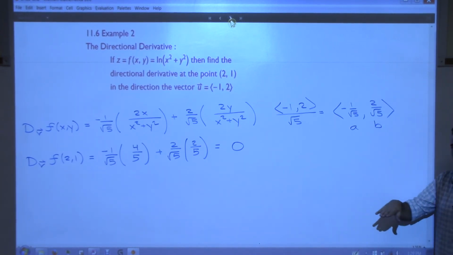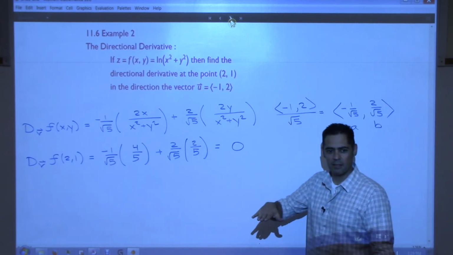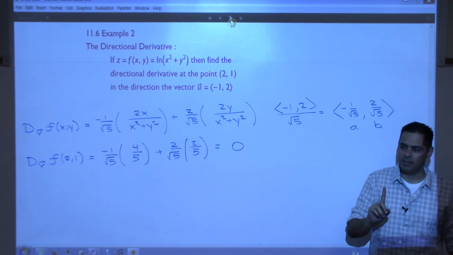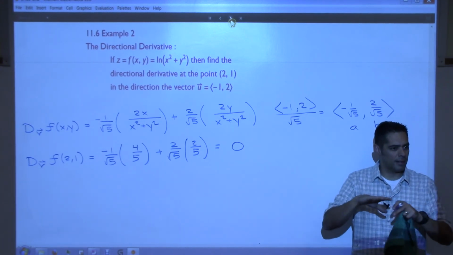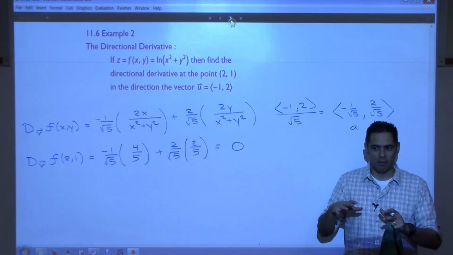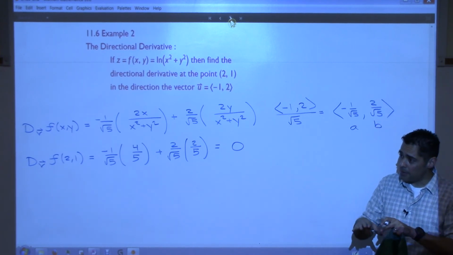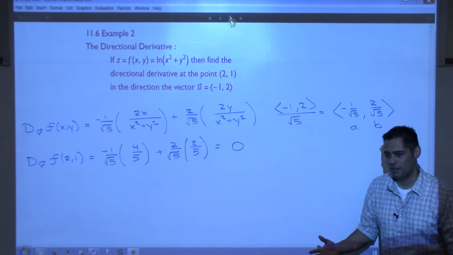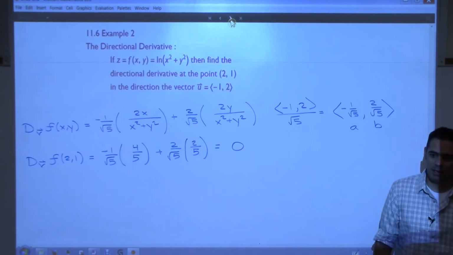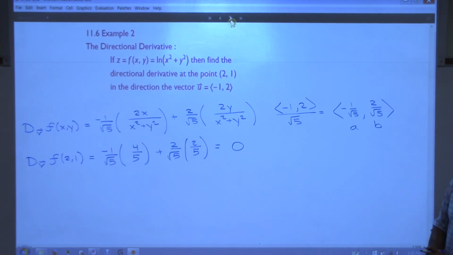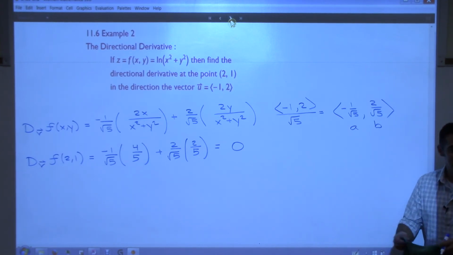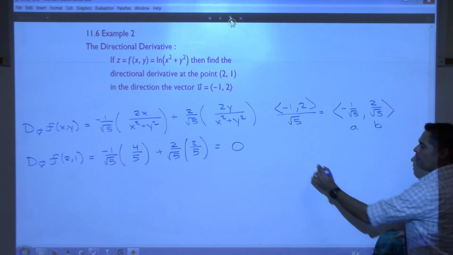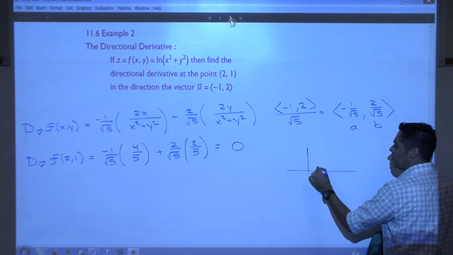Flat. You're flat. So you're standing, and you might possibly be at the top of a hill, or possibly the bottom of a hill, or neither one. It could be a saddle point. It could be a lot of different things, because the surfaces are complicated. It's not as simple as back in Cal 1.